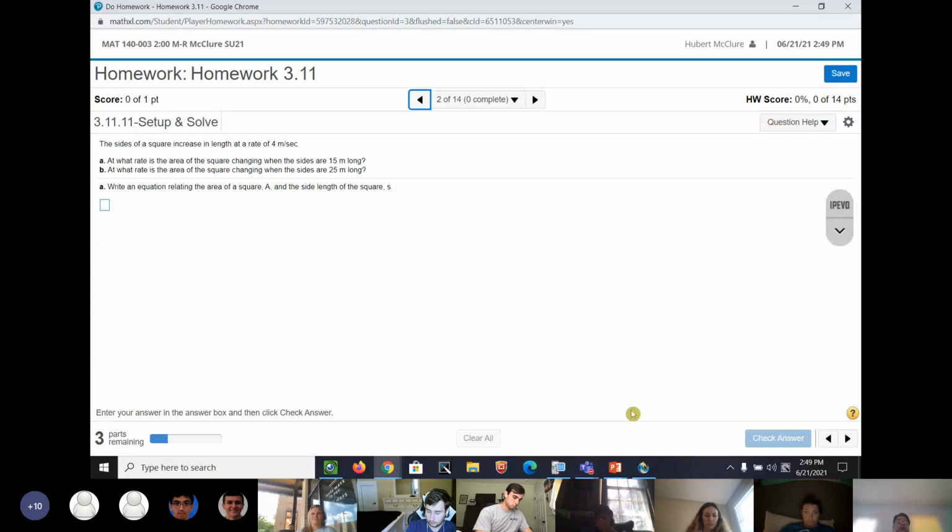It says the sides of a square increase in length at a rate of 4 meters per second.